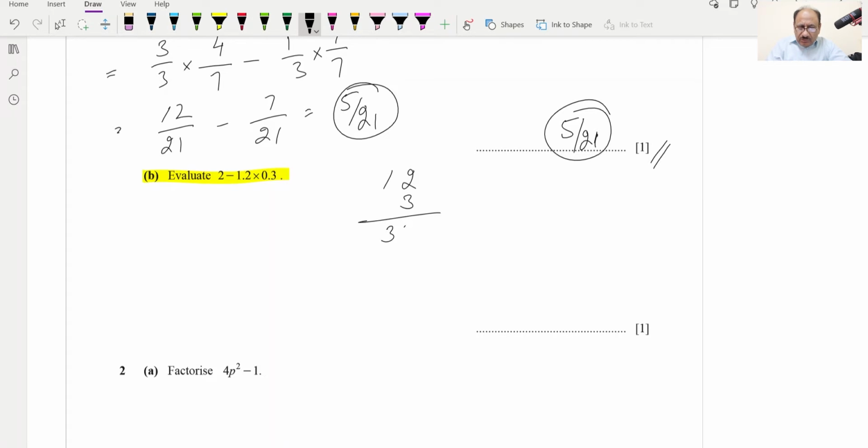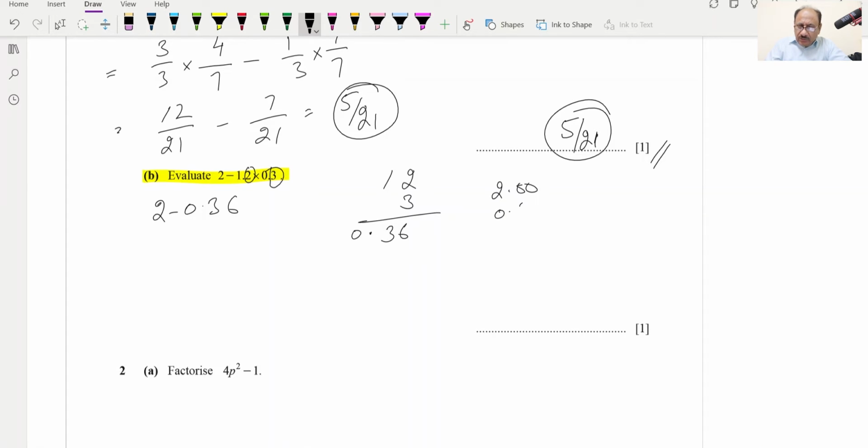So this will be 36, and there are 2 digits on the right of the decimal, so after 1 and 2 we will put the decimal, and 0.36, and this will be 2 minus 0.36, and now we can subtract 2.00 and 0.36.